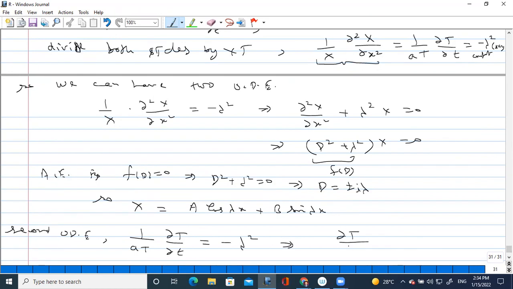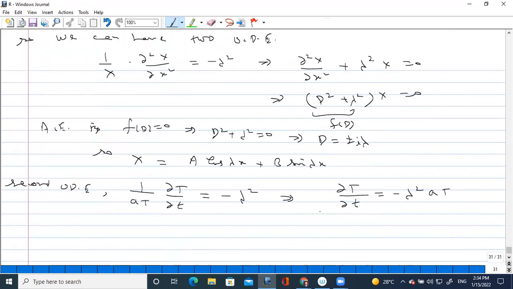So here del T by del t will be minus lambda square a T. That will come on the left hand side. So it will become del T by del t plus lambda square a T equal to 0.